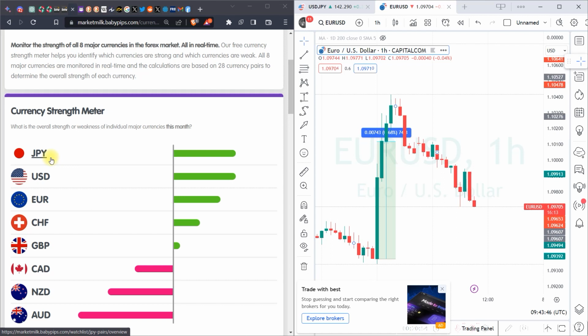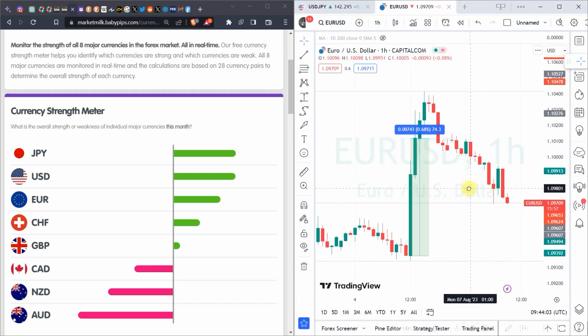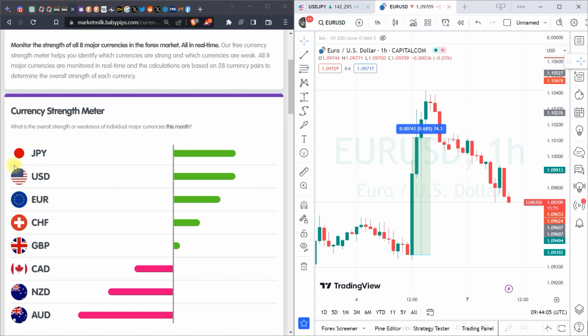Now let's look at the Australian dollar versus the US dollar, because as I said, you should not pair a weak currency with another weak currency. Remember, we're just analyzing the NFP move here. Even if this is the second strongest currency on the strength meter, we're highlighting that during the time window of the NFP release, there was weakness in the dollar.